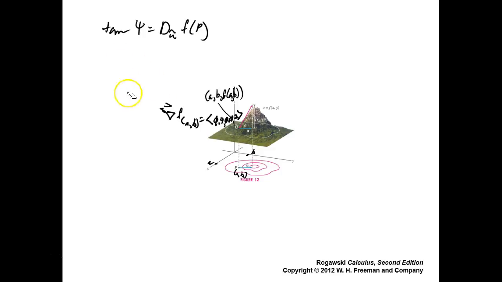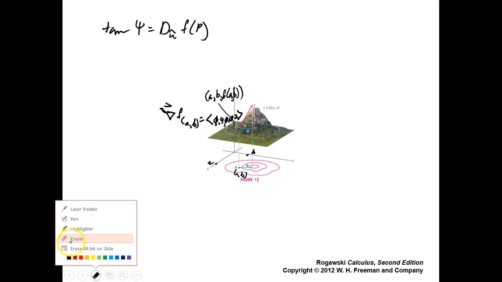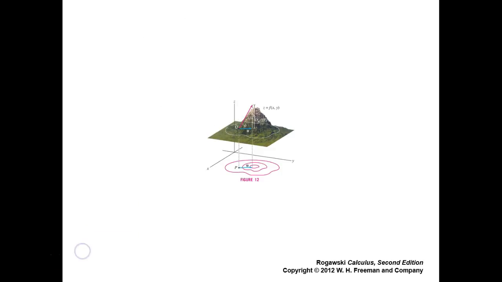And let's separate this. In fact, I'm just going to erase all that. Now, the gradient of f at a b may have nothing to do with that picture, and you can sort of look at the picture and see if it's making some sense to you.